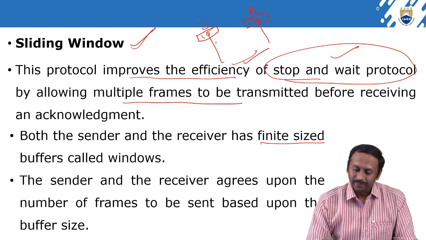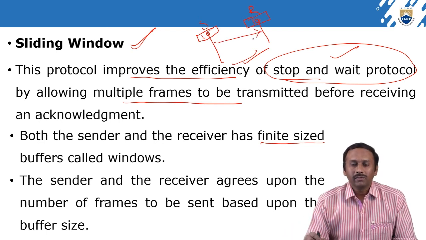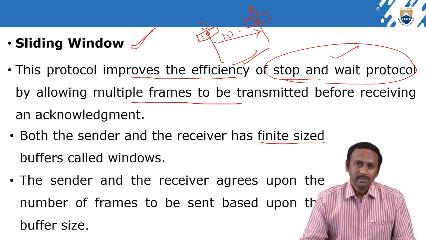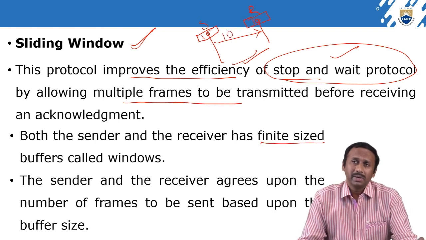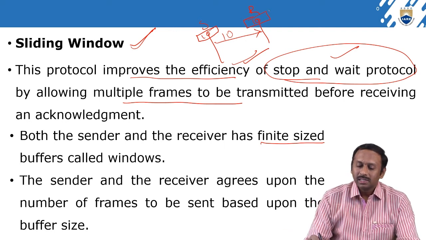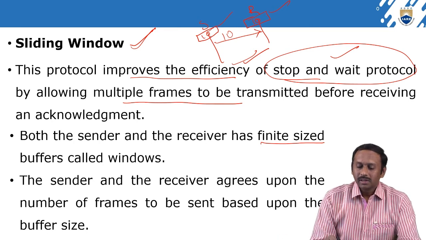Now, instead of sending one frame, the sender will send 10 frames. Why? Because the 10 depends upon the sender as well as the receiver buffer size. So based on this, the 10 frames are transmitted to the receiver.